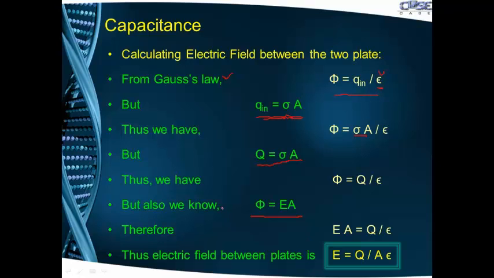That is, the flux is the number of field lines determined by the electric field, and that flux passing through a certain area would be equal to E into A. So therefore this E into A would be equal to Q over epsilon, and from here E can be determined as Q over A into epsilon.